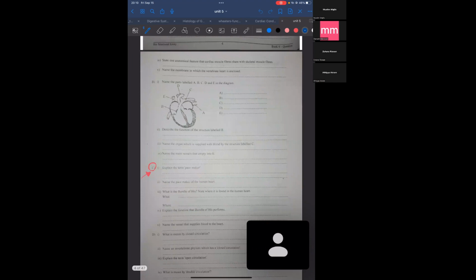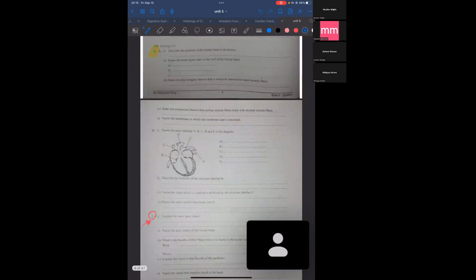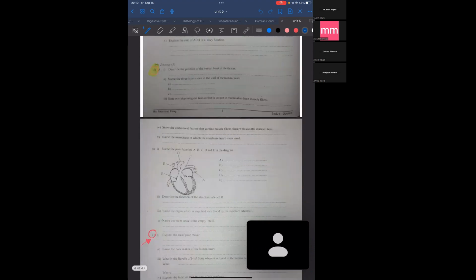These are way old past papers, 1991 and all. But we'll try to do the important one that is related to us today, and then give it a try on everything. Enough practice when you go to the exam. So let's start with this question.